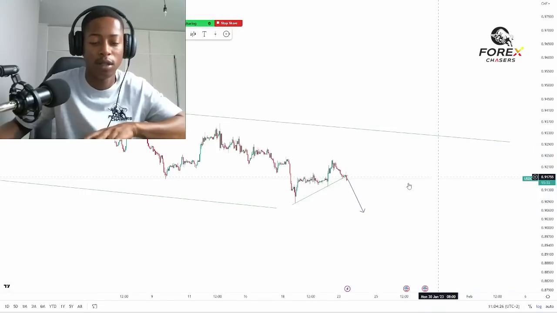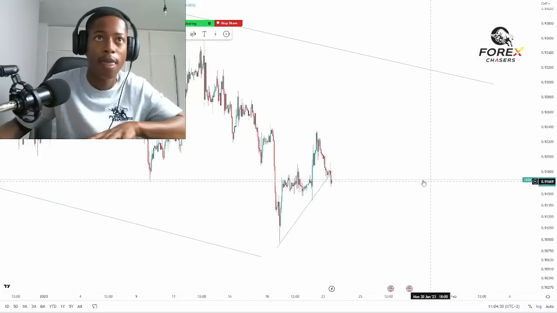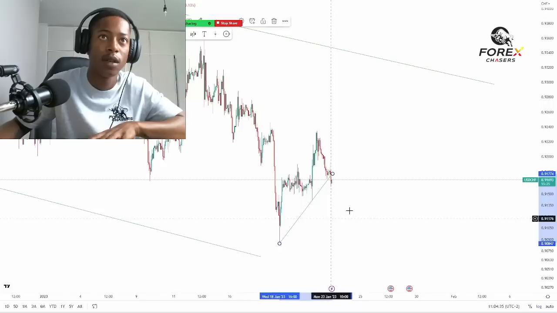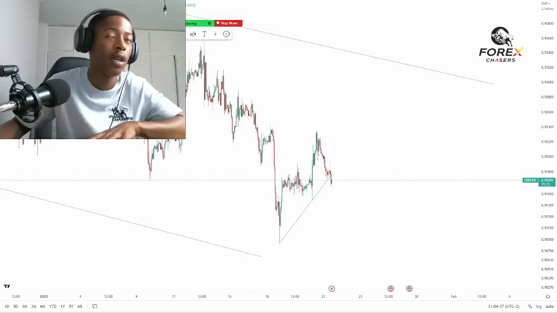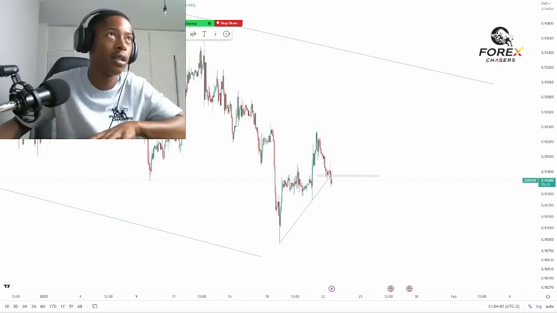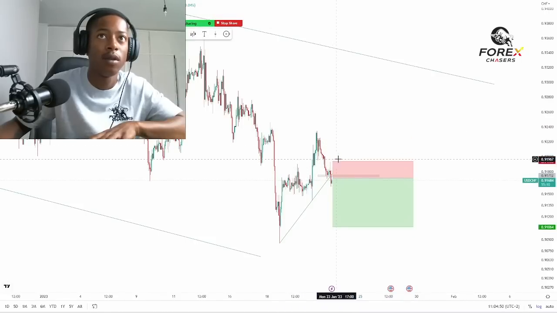Yeah, on the 60-minute I can see we already experienced some confirmations. Right here on the 60-minute we had this area be our support. Right here, boom, support. So this is more likely to be resistance.